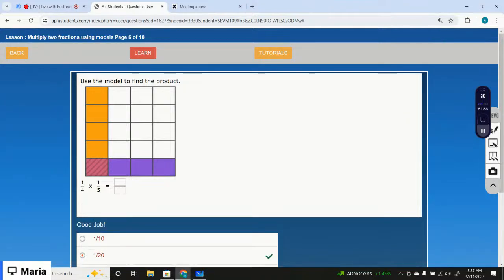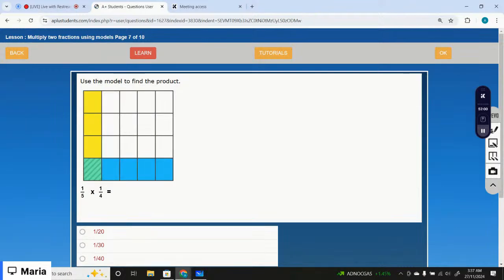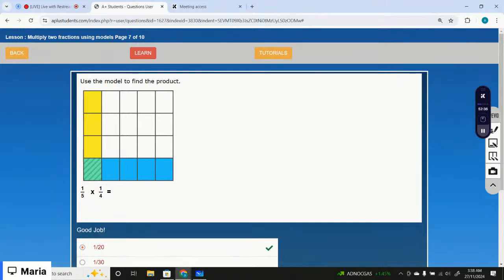Option number 2 is the correct option. 1 by 5 times 1 by 4, which is the correct option? That is 1 over 20. Option number 1 is the correct option.